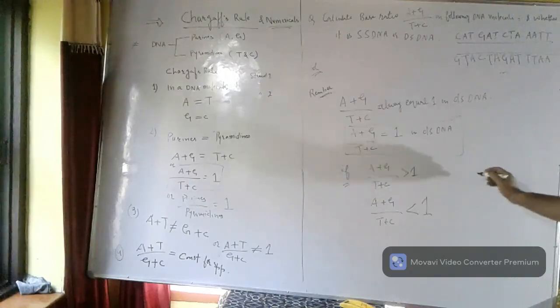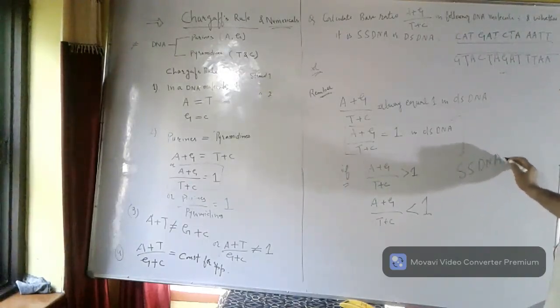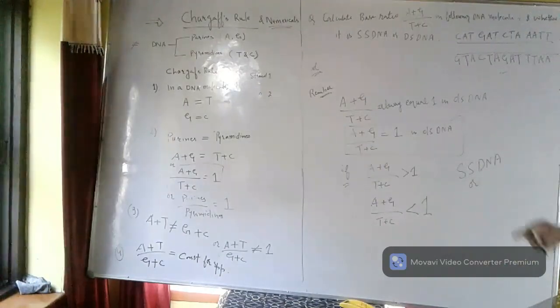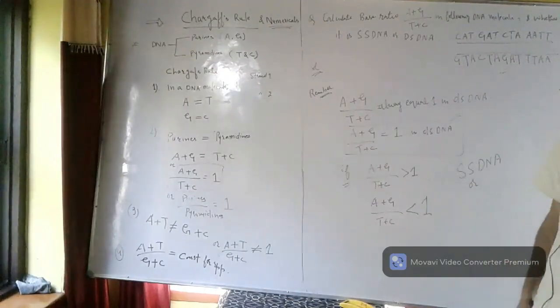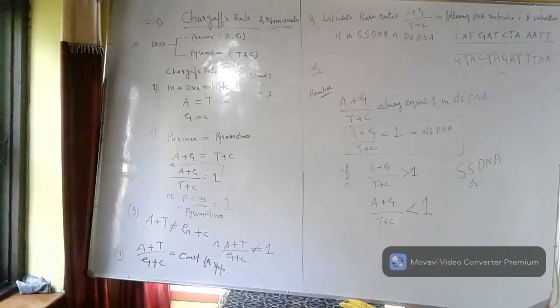At that time the molecule may be single stranded DNA, or the DNA would be double stranded, but it would be having gene mutation or point mutation, having deletion of bases or addition of bases.